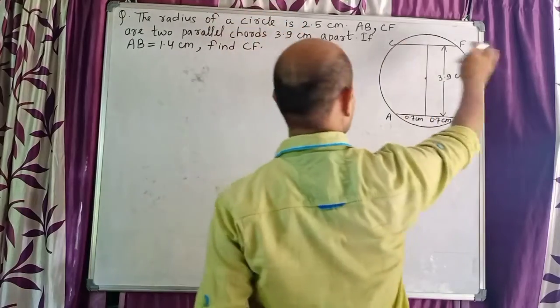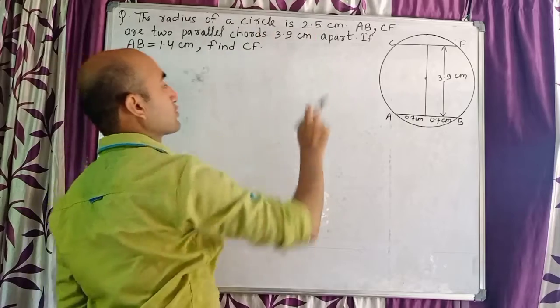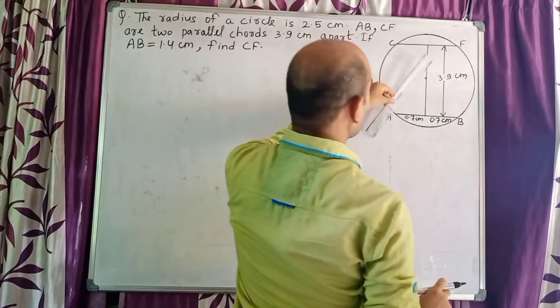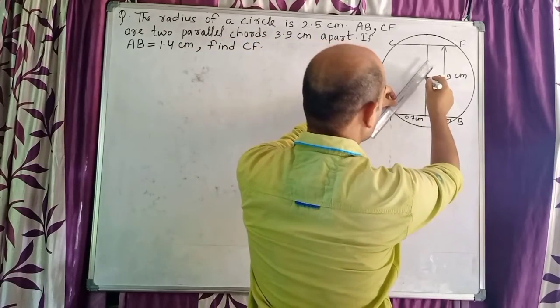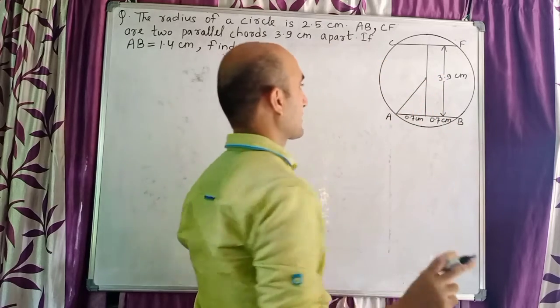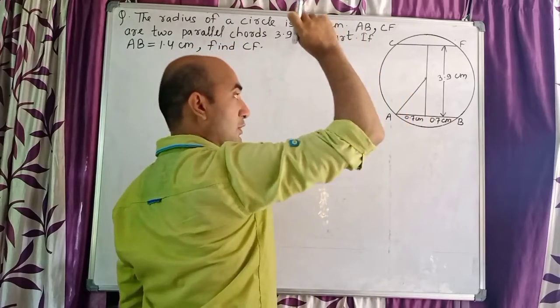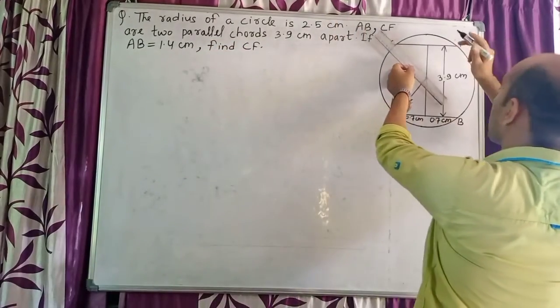Now you have to find CF, and let me remind you, as I read in the beginning, the radius of the circle is 2.5 centimeter. So always we draw a radius here, at this part, but this time we will draw two radii, because one triangle will be formed here and the other triangle will be formed on the top.